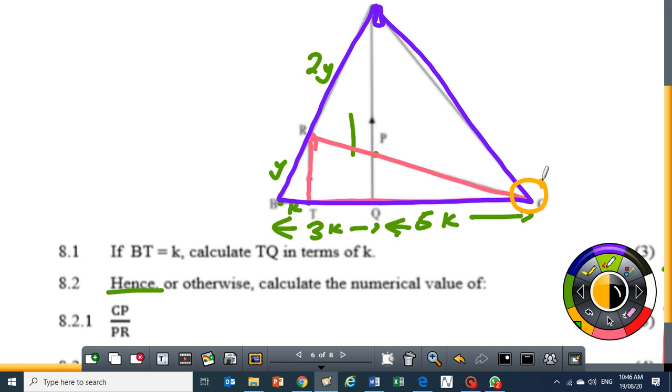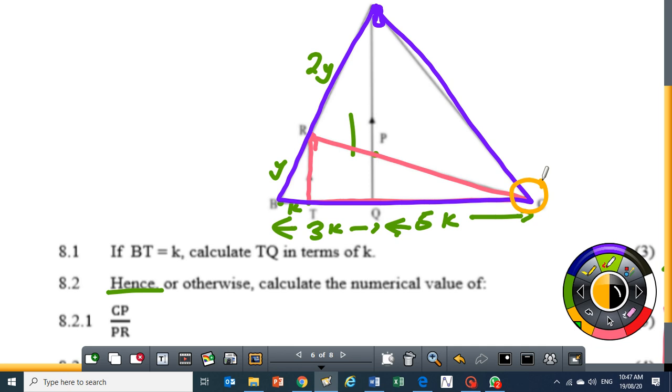Now, because of that, we can't say that the ratio of the areas is equal to the ratio of their bases. You can only say the ratio of areas of two triangles that share a common vertex is equal to the ratio of their bases, because they will be sharing the same height if the bases are on the same line. But they are not.